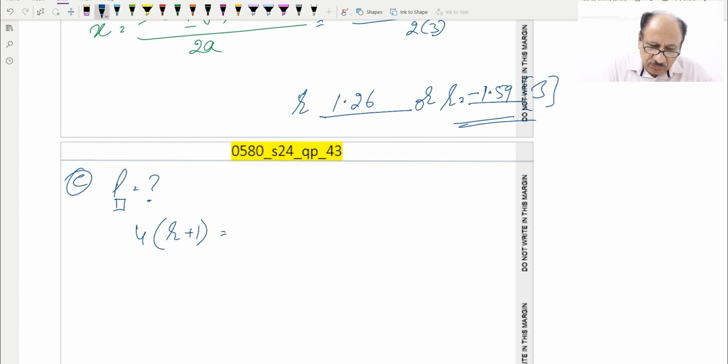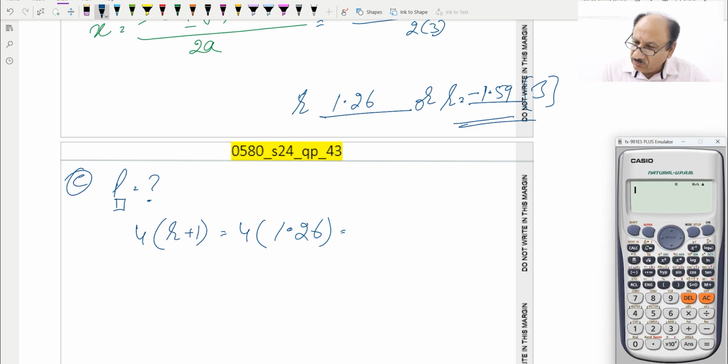So this will be equal to 4R plus 4. Directly we can replace the value. So 4 times the R value, we can take 1.26. We will not be taking the negative value because length cannot be negative. So 4 into 1.26 is giving us 5.04.